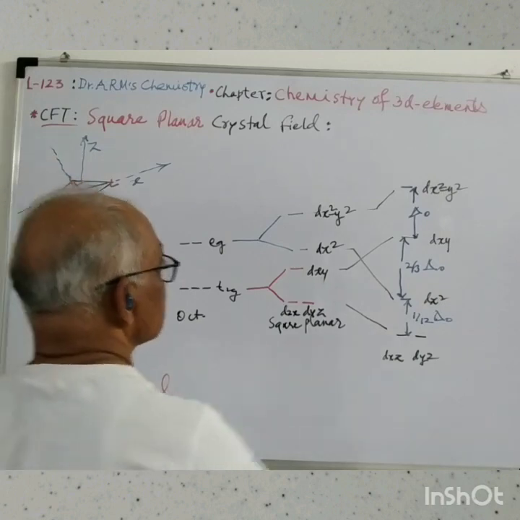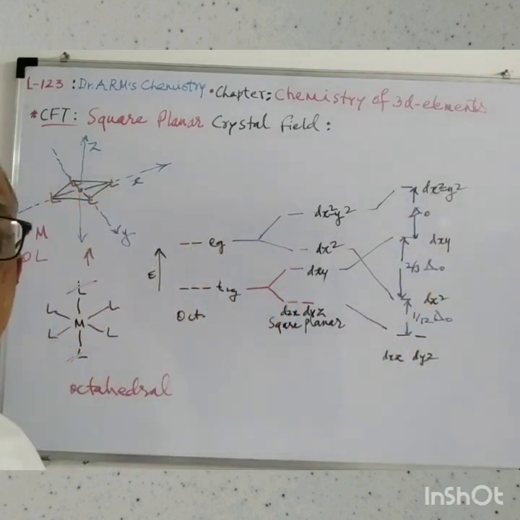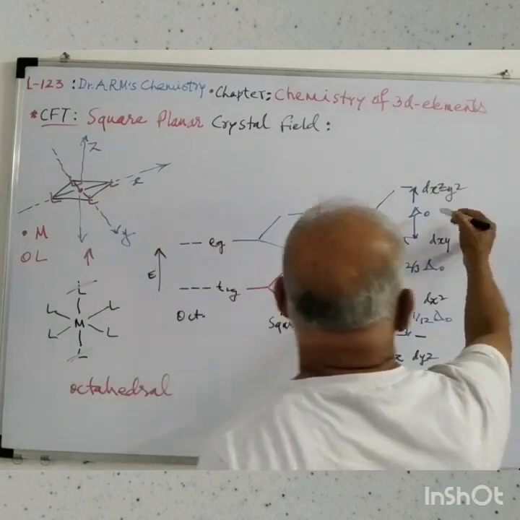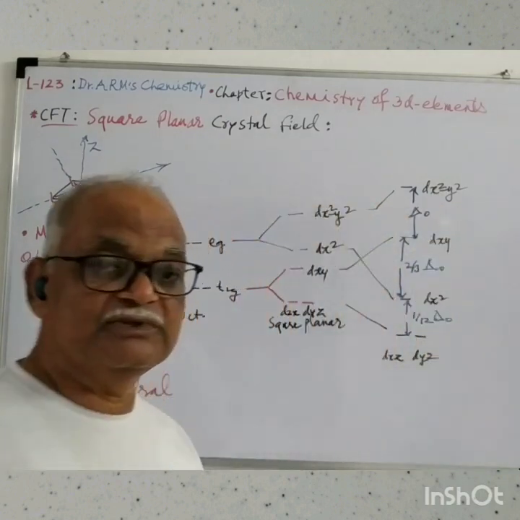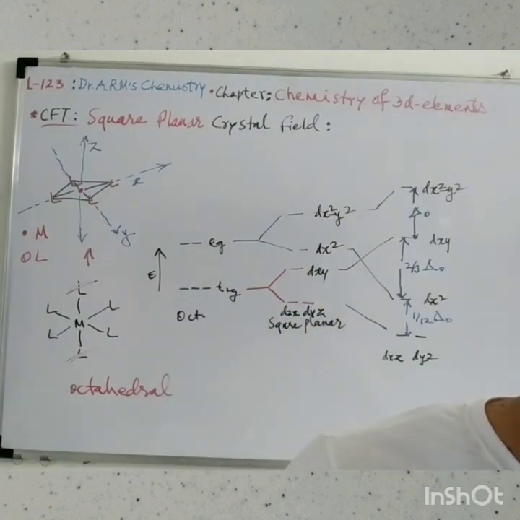In this way, they suffer strong interaction with the electrons of ligands. As a result, their energy is highest or very high, and it is defined as delta O. So the symmetry of these orbitals.